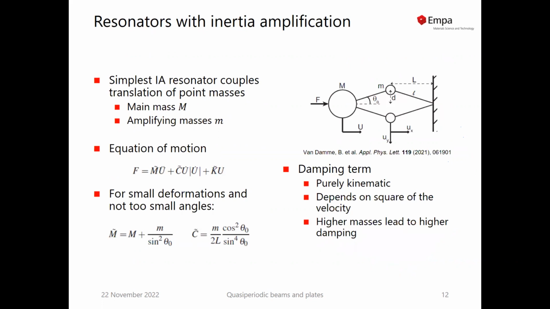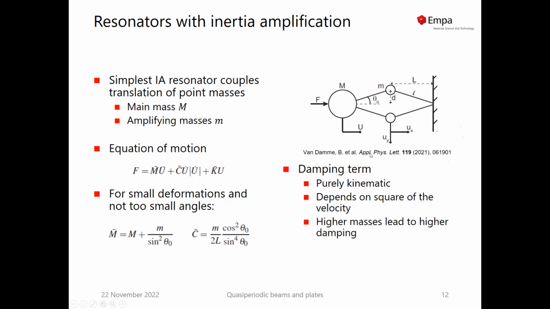One of the fun things that we noticed when using inertia amplification mechanisms. So inertia amplification means that whatever mass you are using in your structure, you can amplify the perceived mass either by coupling it to a rotation or coupling it to an additional translation of an assisting mass here.